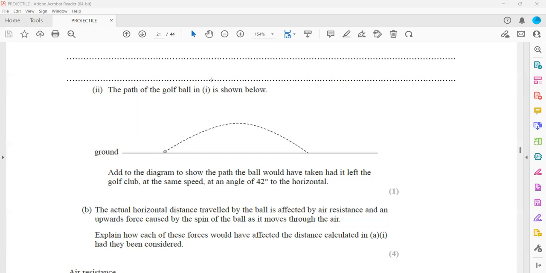So when we increase the angle, the range increases till 45. After 45 it again starts to decrease. So it's a change from 26 to 42, which is near to 45. So the range and the maximum height will increase. Draw a continuous line, not a dotted line. Or if you want to draw dotted, that's fine.